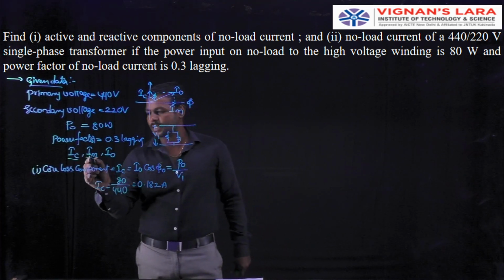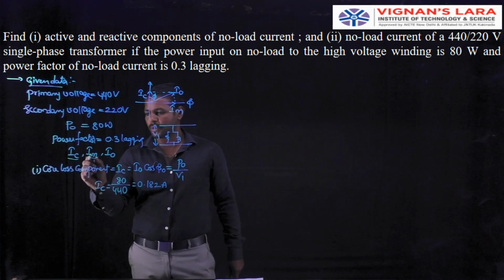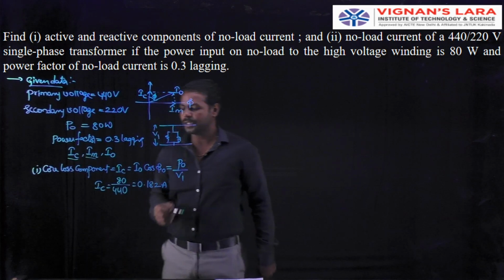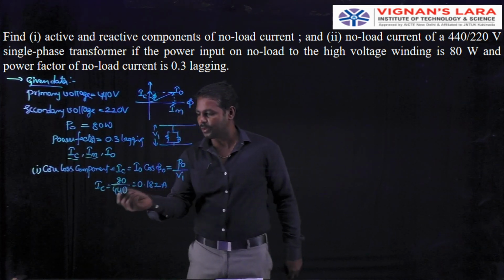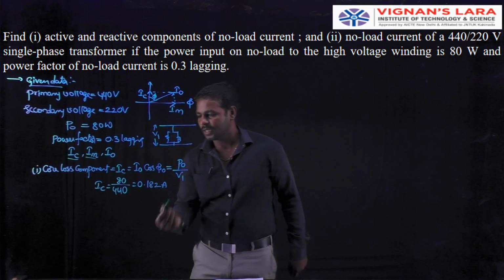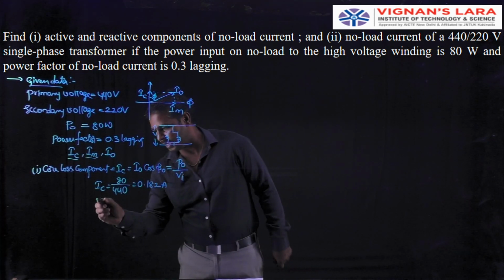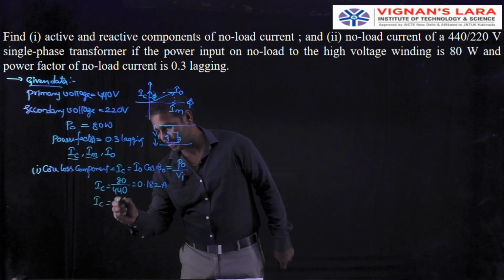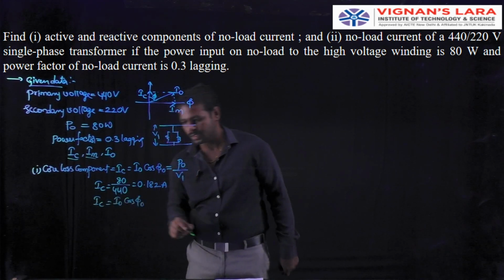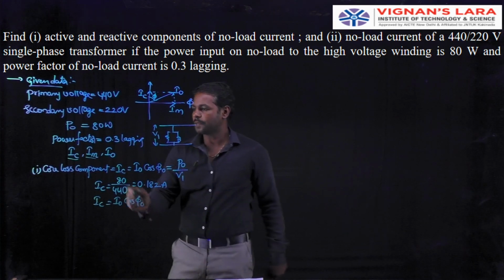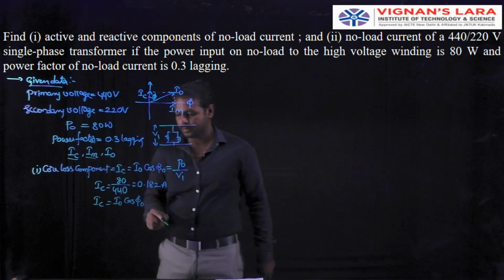The second one is the magnetizing component, which is also calculated. IC is equal to 0.182, which we substitute here. IC is equal to I naught into cos phi naught, where cos phi naught is equal to 0.3.